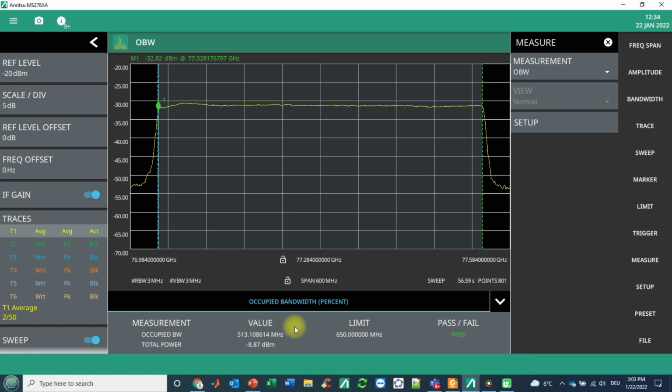And if we are considering here at the 77.284 gigahertz frequency a free space path loss of minus 73 dB, then we will see later on in one of the next slides that all these figures come well together, and the theory and the practical measurements are more or less equal.